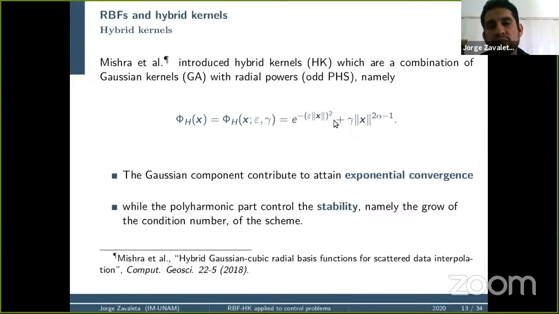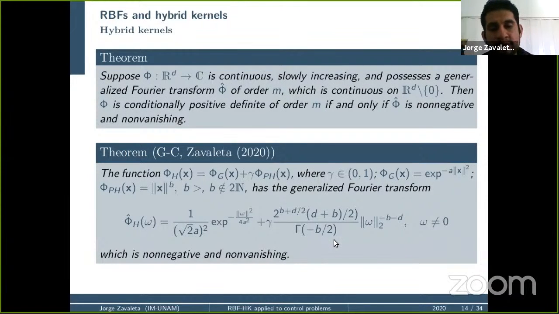So we want this gamma parameter to be small enough to have the good properties of the Gaussian kernels, but we don't want it to be zero because it controls the stability of the methods. It's relatively easy to show that the hybrid kernels are also positive definite.